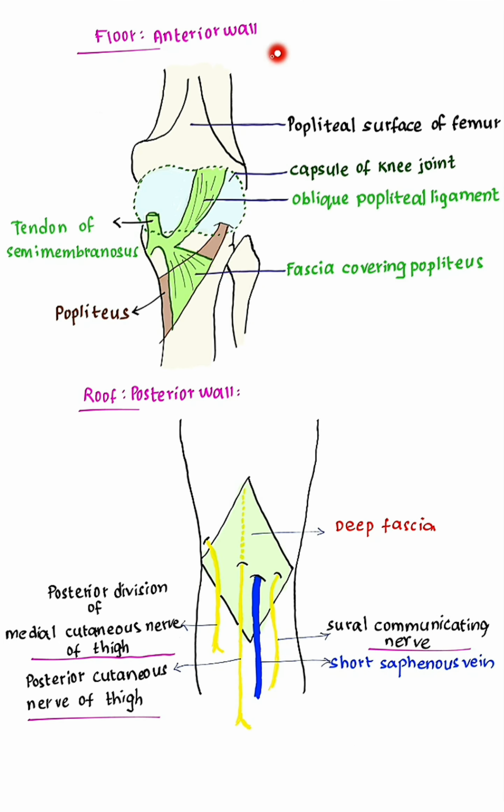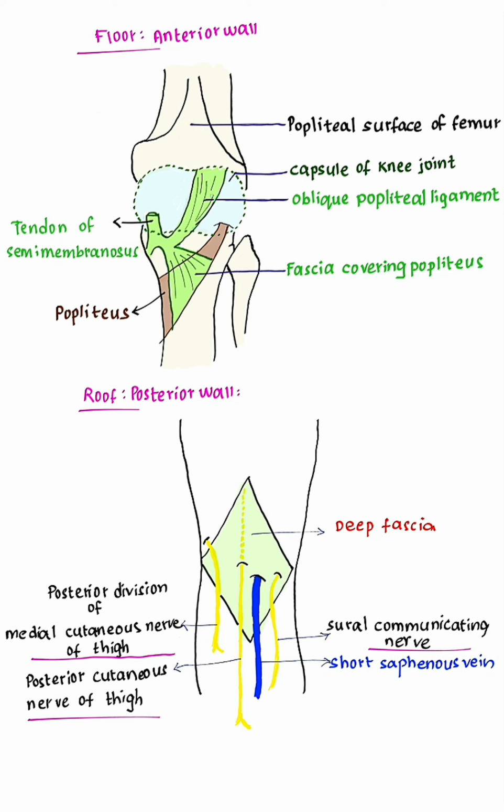Floor or anterior wall. Floor of popliteal fossa is formed from above downwards by popliteal surface of femur, capsule of knee joint, oblique popliteal ligament, fascia covering popliteus muscle.